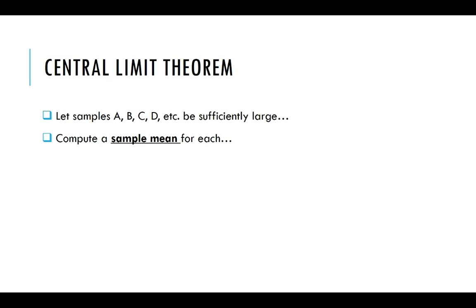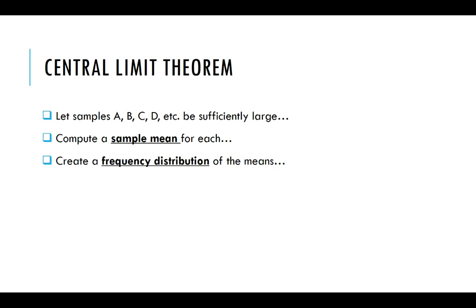Now, we're going to compute a sample mean for each one of those, right? So we take sample A, find the mean. Take sample B, find the mean. Take sample C, find the mean. You get the idea. So now I have a bunch of samples and I've calculated the mean for each one. Then I'm going to create a frequency distribution of those means.